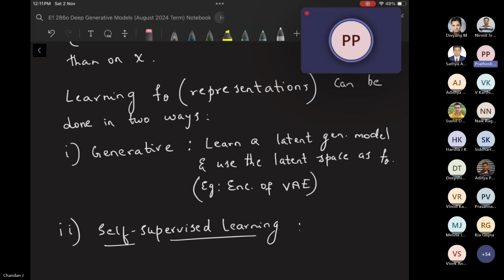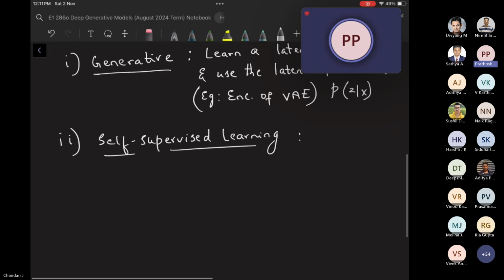Self-supervised learning. See here, what are we doing? We are learning to sample from the underlying distribution using a latent variable model. And in the latent space, basically what you do is posterior inference. Posterior inference is what we are calling representations.